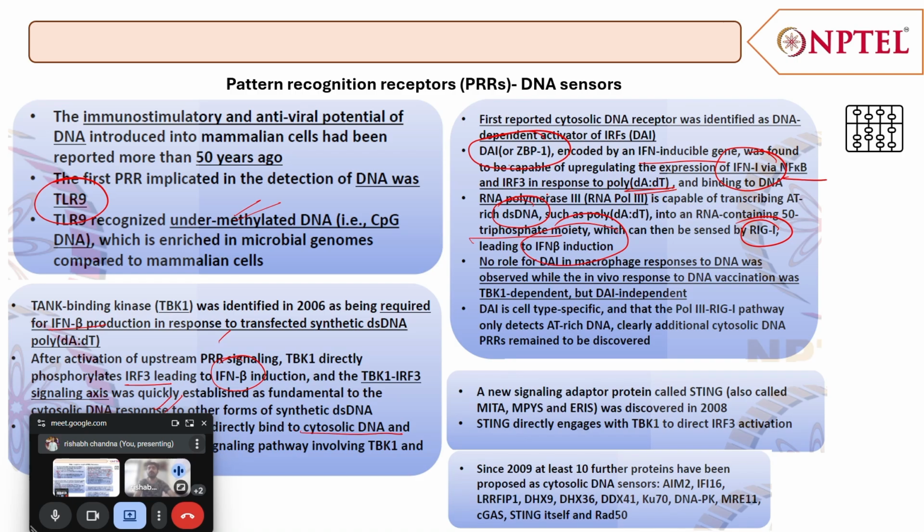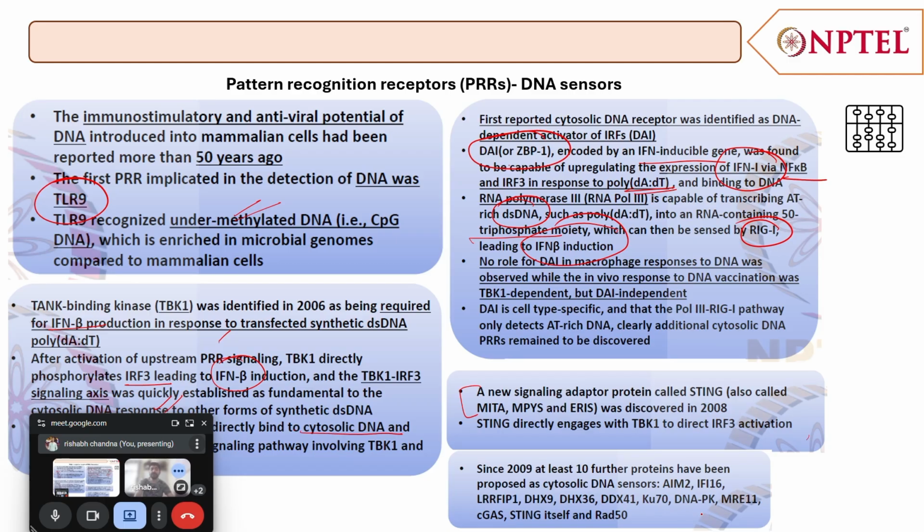Okay, so this is how different DNA sensors were identified, and then another signaling protein, that is STING, also called MITA, MPYS, or ERIS, was also recognized as a DNA sensor and can directly activate TBK1 via IRF3.